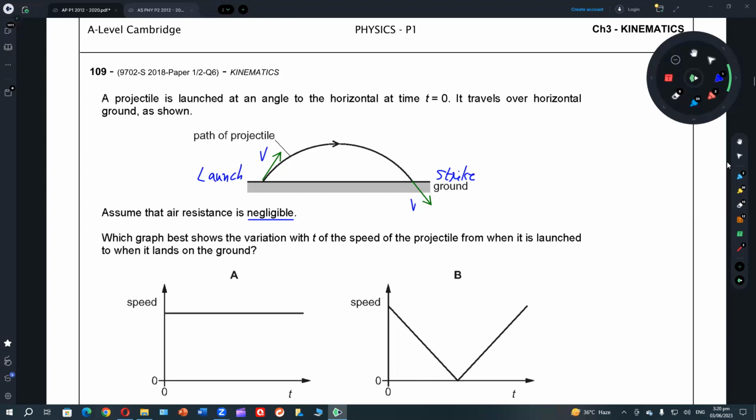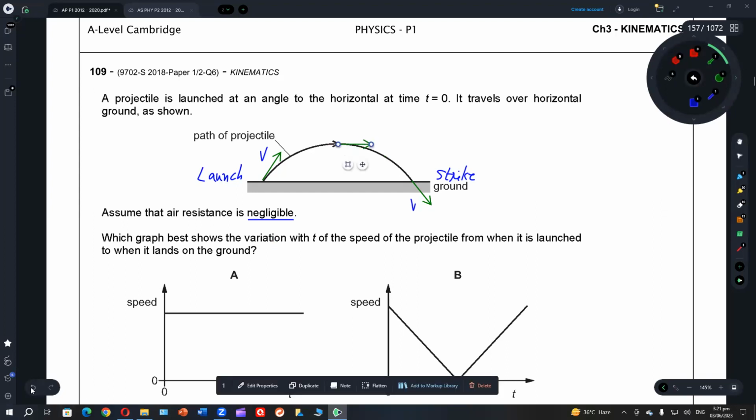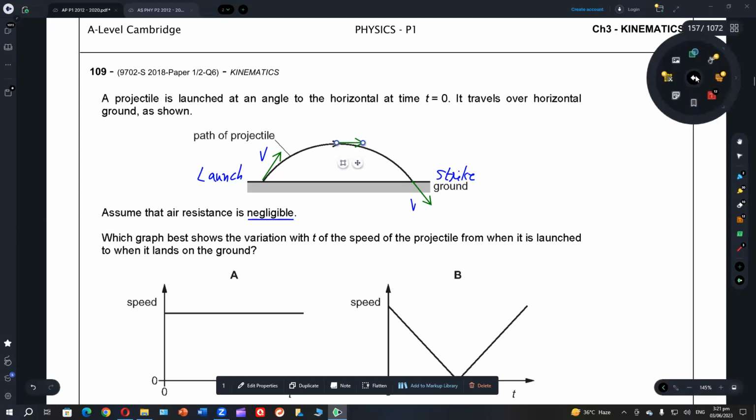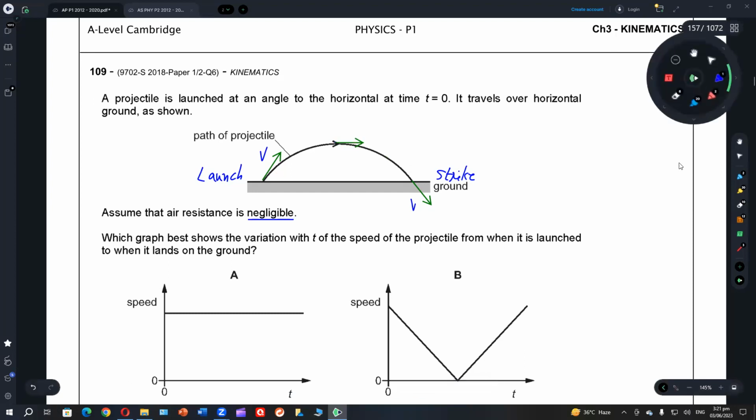When it is going upward, velocity will be decreasing. And I hope you remember that at the highest point the velocity will be zero. No, this is a projectile. Projectile is not zero. The vertical component is zero, but the whole velocity is not zero.